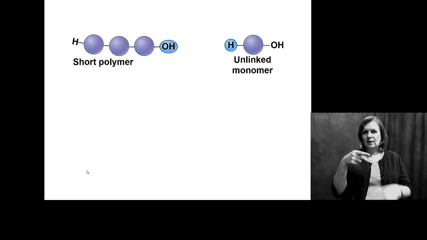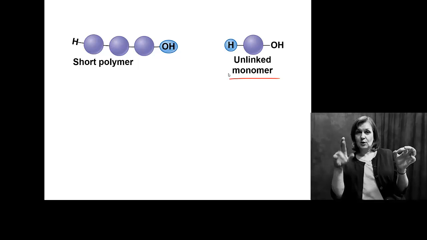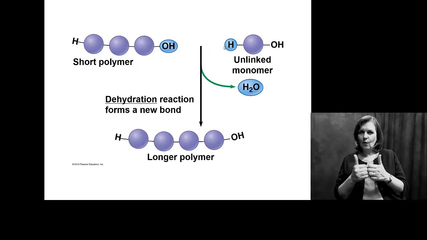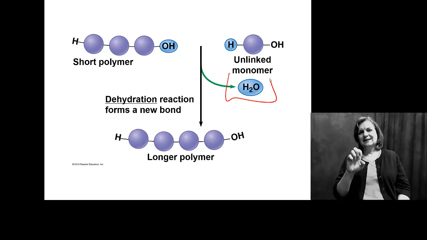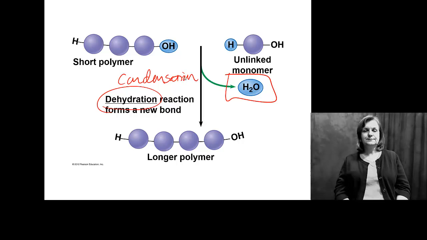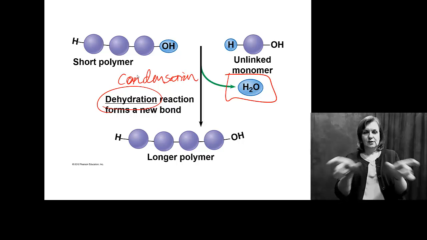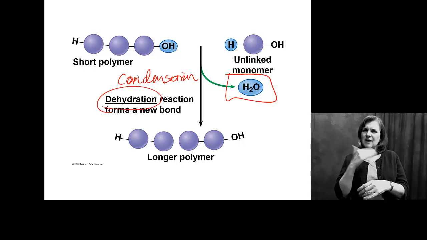Just to show you, we're taking this very short polymer with this monomer, and we want to add the 2 together. So to add the 2 together, we're actually going to remove water. So we said this was a dehydration or a condensation reaction, if you prefer condensation to remember. Okay, when we do this, we remove water and they stick together.